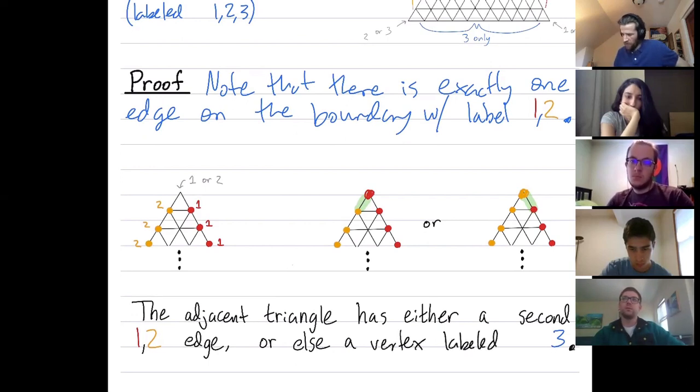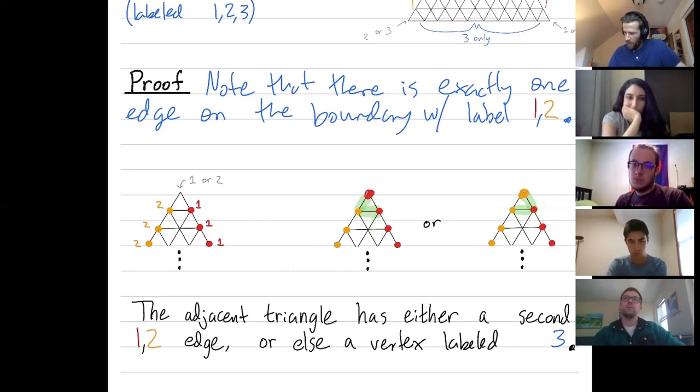Okay, so at the very beginning, either of these two triangles, just by our boundary labeling, necessarily has another edge labeled 1, 2. So here we have another red, orange edge. Here we have another red, orange edge. What we're going to do next is look at this adjacent triangle and continue. We're just going to follow these 1, 2 edges.